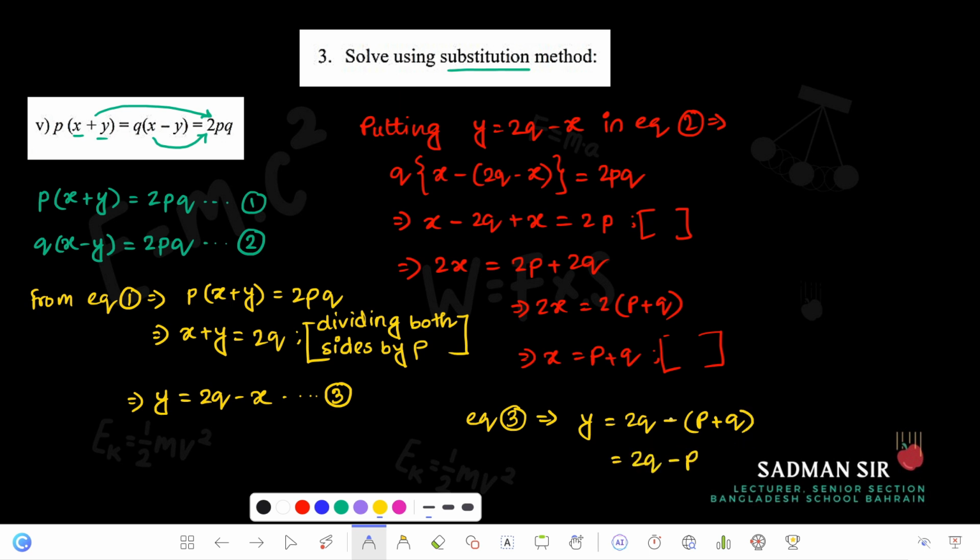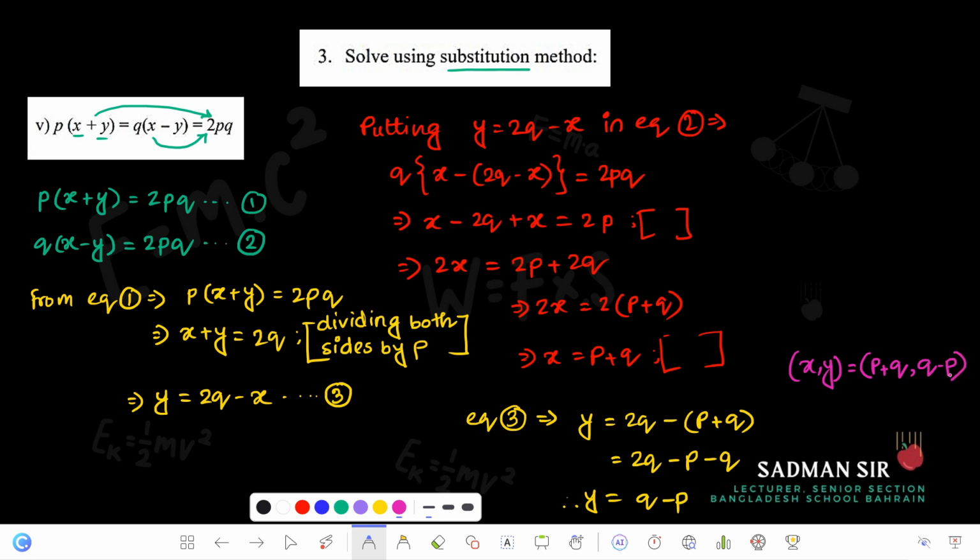Minus p, and due to this minus, the sign inside the bracket will change. Okay, so then it will be 2q minus q, it will be q minus p. So that is the value of y. So hence we have our final answer, that is x comma y equal to, x is p plus q, comma y is q minus p.